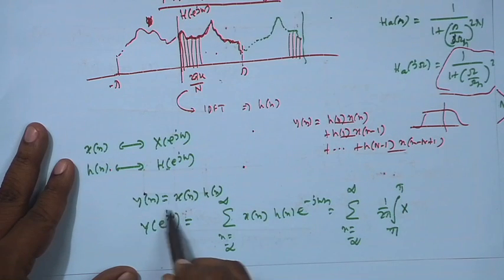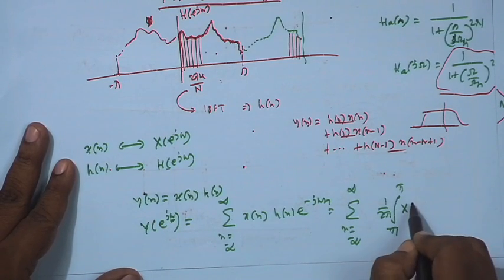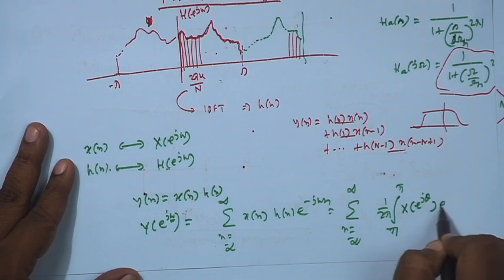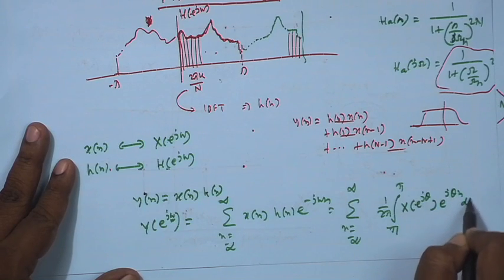And you want to find out the output DTFT at a small omega of your choice. So, omega is fixed. So, you cannot bring another omega within the integral as a variable. So, I bring X(e^{jθ}), not omega, e to the power jθ, e to the power jθn. Instead of omega, I bring theta, dθ.